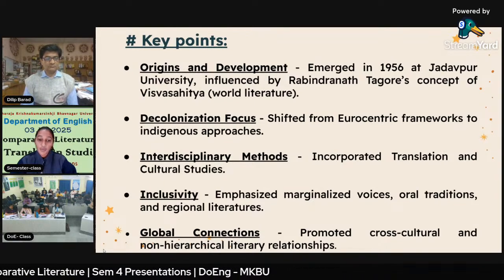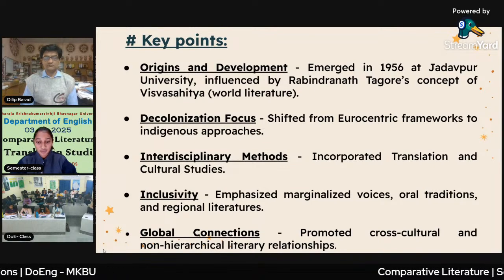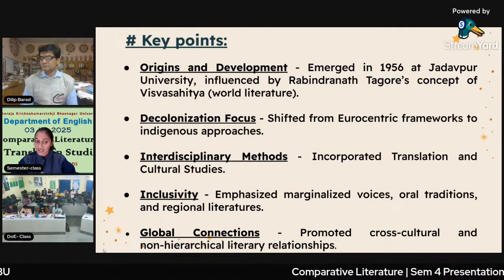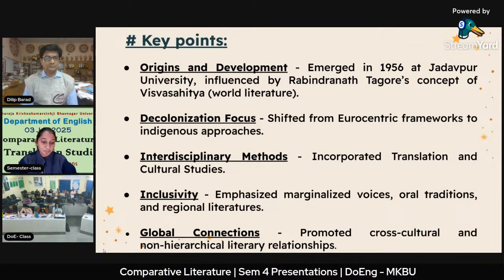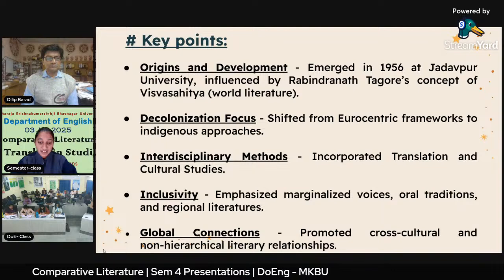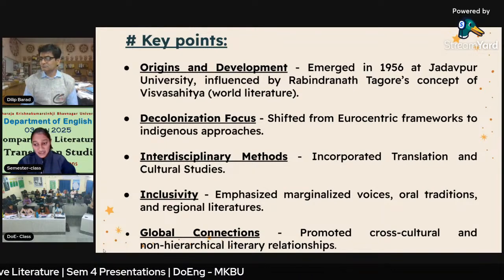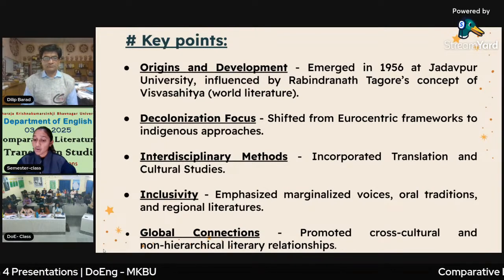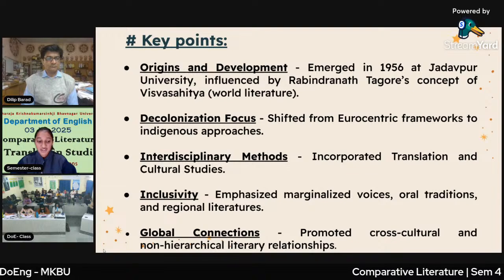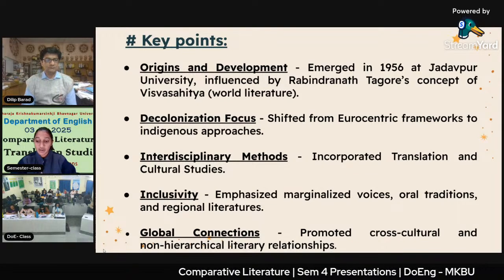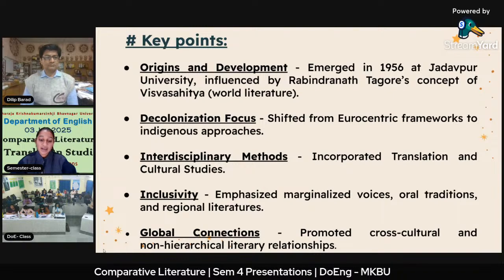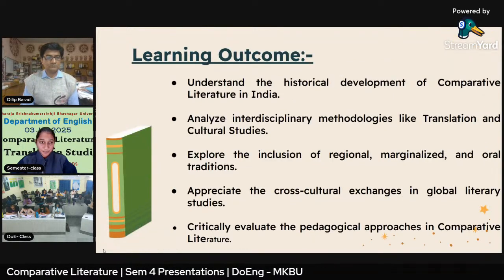The interdisciplinary fields reflect translation and cultural study and the idea of reception study. Inclusivity emphasizes the voice of the marginalized and reflects oral tradition and regional literature. The local to global connection promotes cross-cultural and non-hierarchical literary relationships.